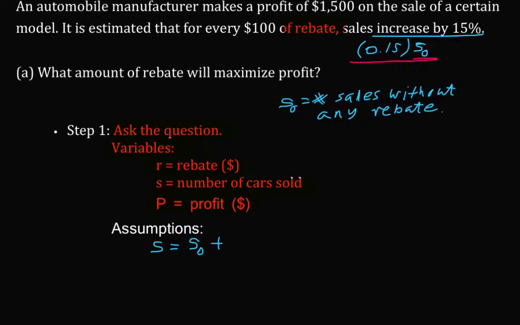But our rebate is R, therefore, if this is for $100, we should multiply by R over 100. So then you can simplify this as S naught times 1 plus 0.15 R over 100.